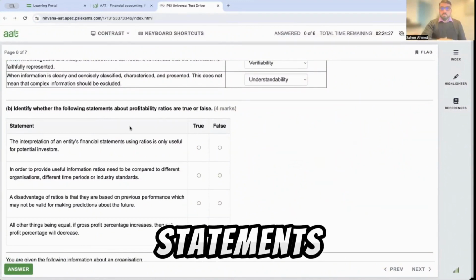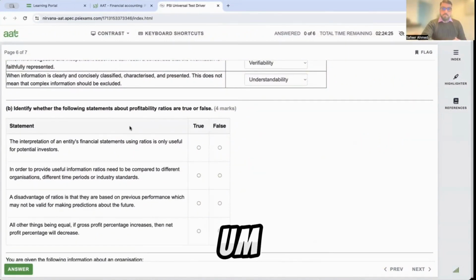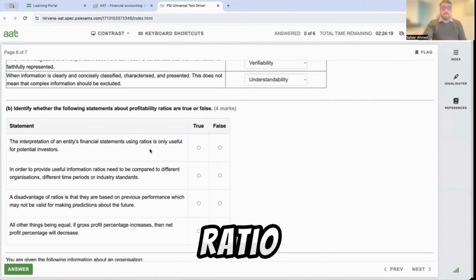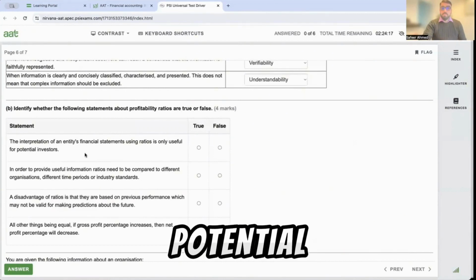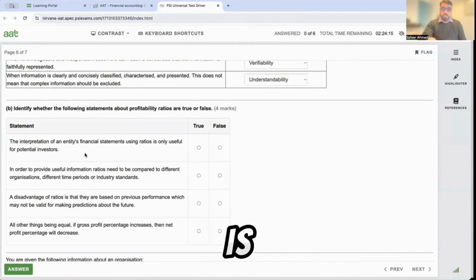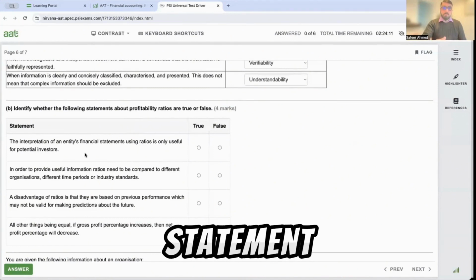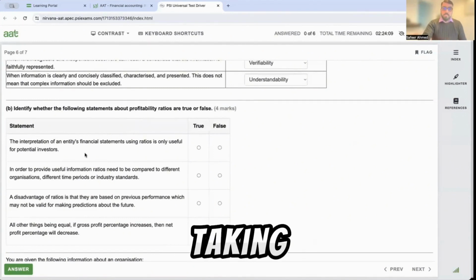Identify whether the following statements about profitability ratios are true or false. So let's have a look. The interpretation of an entity's financial statements using ratios is only useful for potential investors, and we know that this is not true because it's useful for any users of financial statements, depending on what type of decision they will be taking.